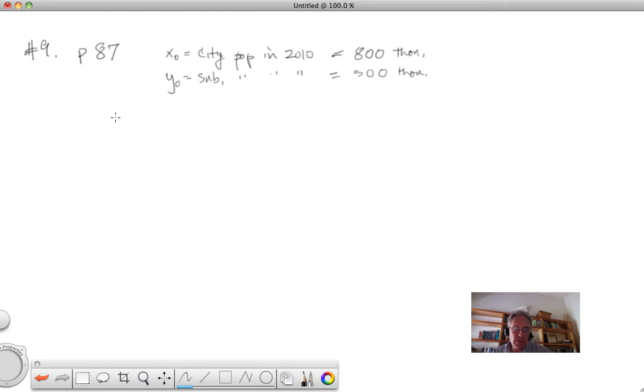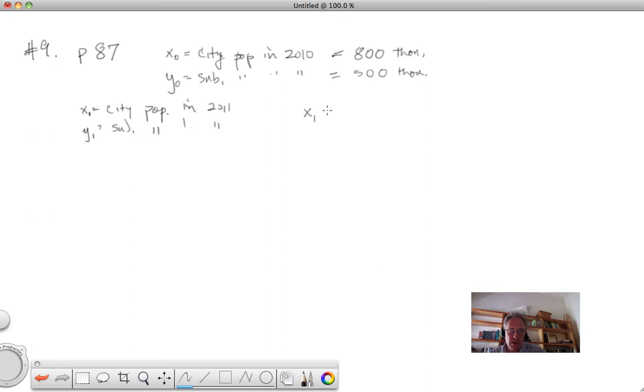The information given says that if we let x1 equal the city population in, say, 2011, and we let y1 be the suburban population in 2011, then a certain amount of migration has taken place. One way to calculate it is this way.